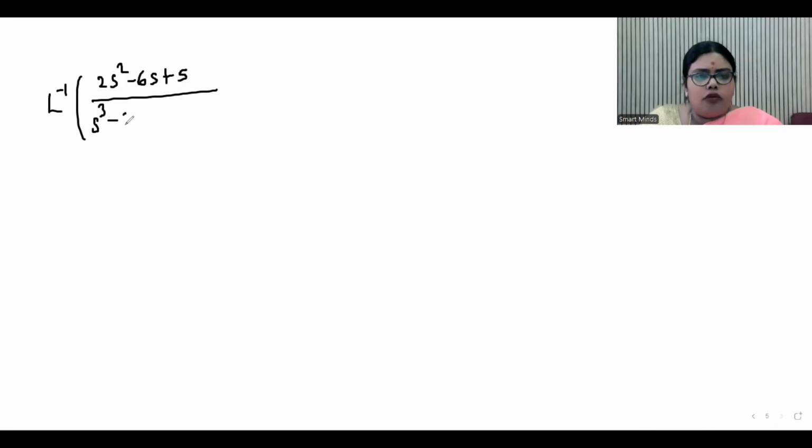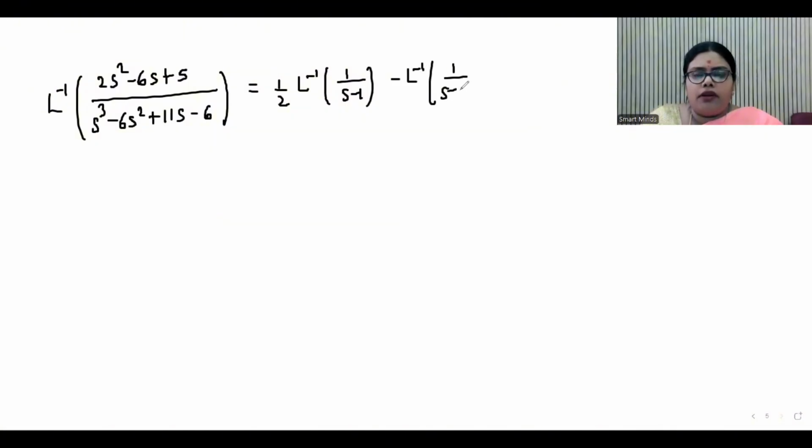After getting the A, B, C values, let us find L inverse of 2s^2 minus 6s plus 5 by s^3 minus 6s^2 plus 11s minus 6, which is equal to half of L inverse of 1 by (s minus 1) minus L inverse of 1 by (s minus 2).